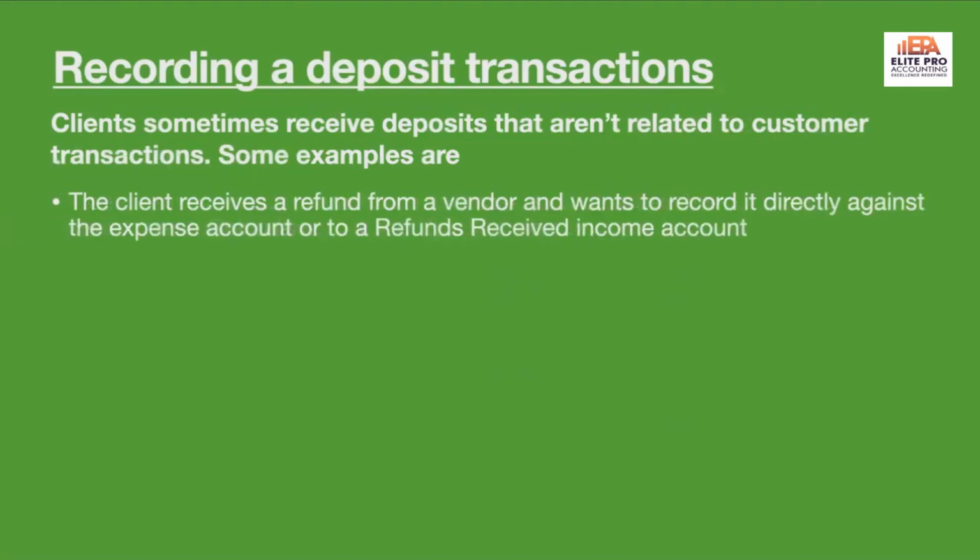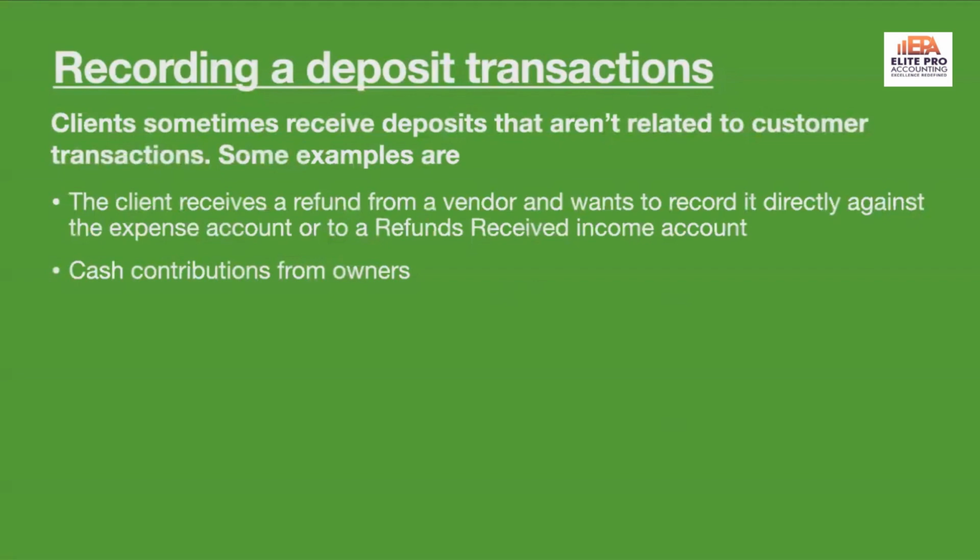So let us take one example. Let's say the client received a refund from a vendor and he wants to record it directly against the expense account or a refund receivable income account. Then also you can have this deposit transaction account. Second, there could be a contribution from the owners.